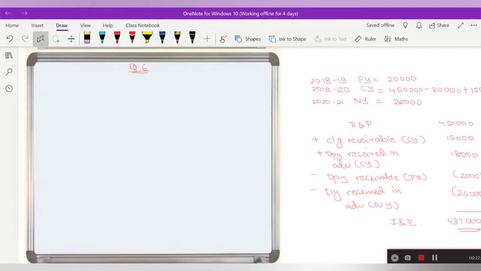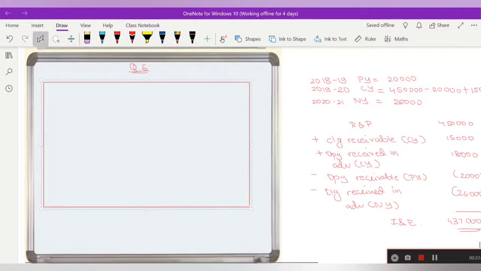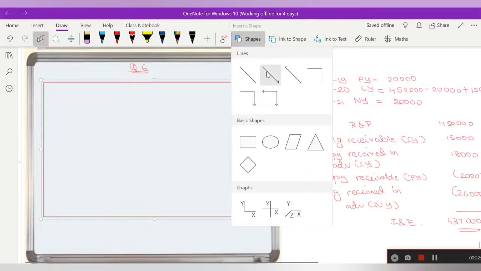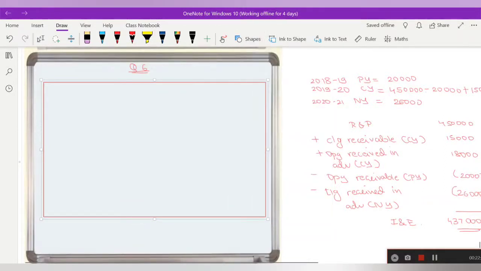Okay, see now, we have to prepare a ledger account now, right? This will be your debit side and this will be your credit side, right?